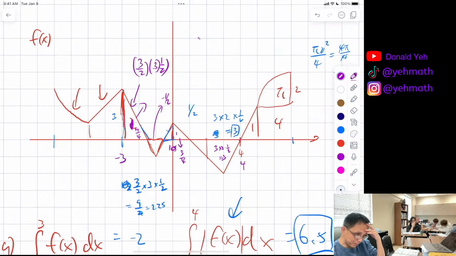So you're just going to add up 9 over 4 minus half plus 3 over 4 minus 3. Hopefully we got the right answer here. These two combined together are going to give you 3.